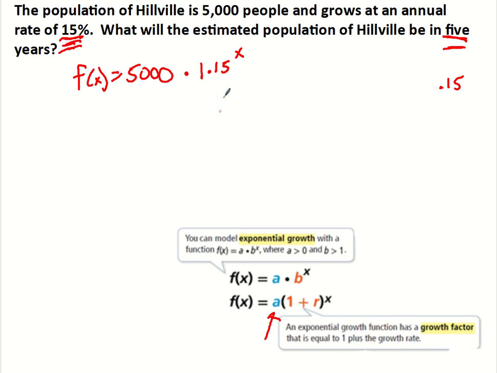Now this is where we need calculators. I'm going to plug in 5 for x. I'm going to do 1.15 to the power of 5 because that's for 5 years. Afterwards I'll multiply it by 5,000 because that's my initial value. I'm working on my calculator right now.